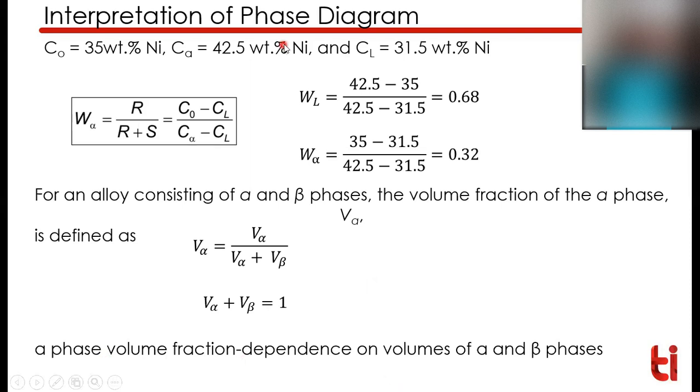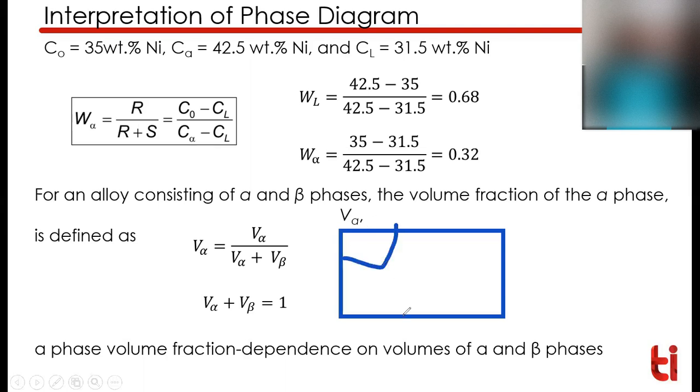Now I'll give you an idea, if there is time. Sometimes we get this from the microstructure. You have a microstructure, in that we have grains. These are the grains we have, and you can see the grain boundary.